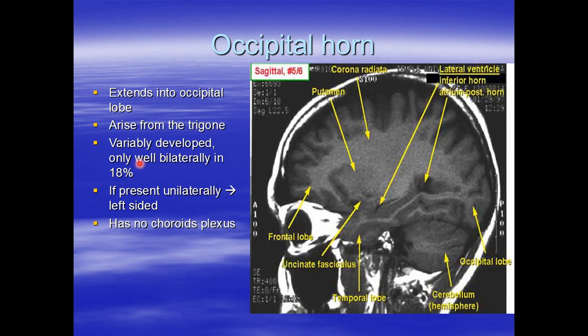So the majority of the population have asymmetrical or less well developed occipital horns. If it's present unilaterally, it's more prominent on the left side than the right. Also, it has no choroid plexus. By the way, the temporal horn has a choroid plexus.